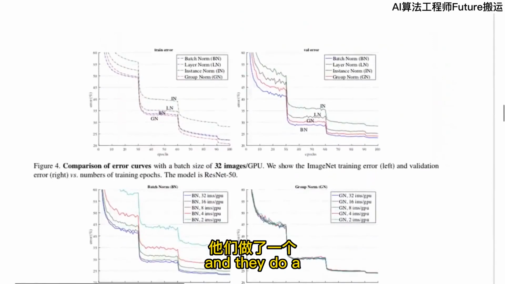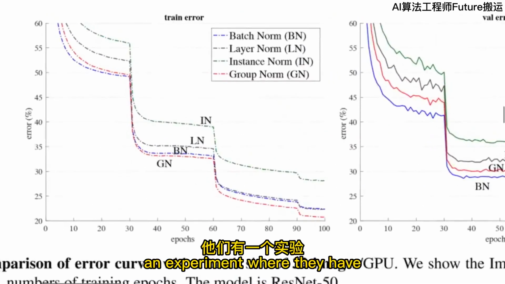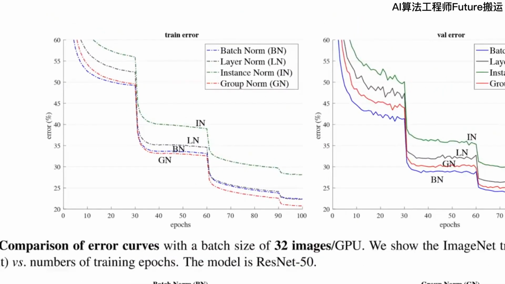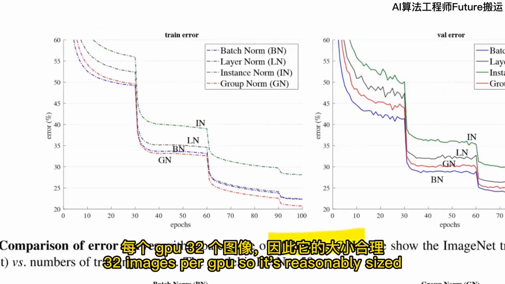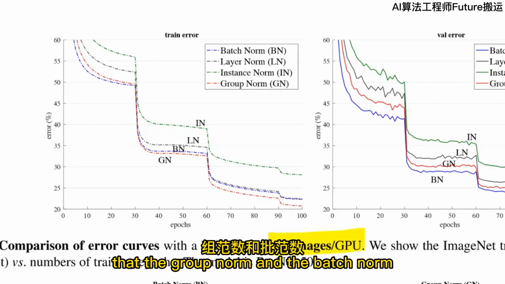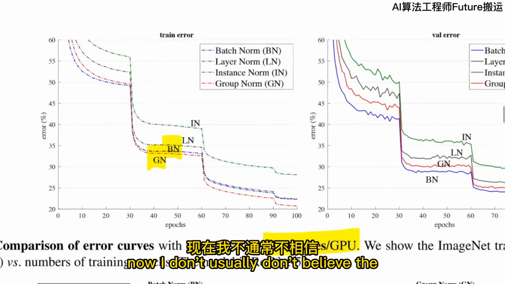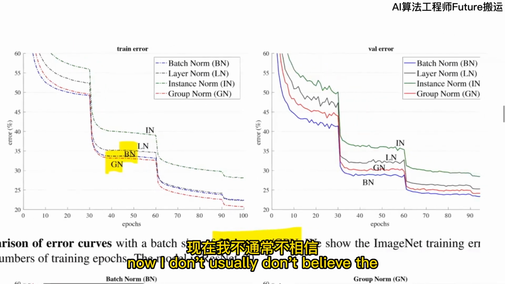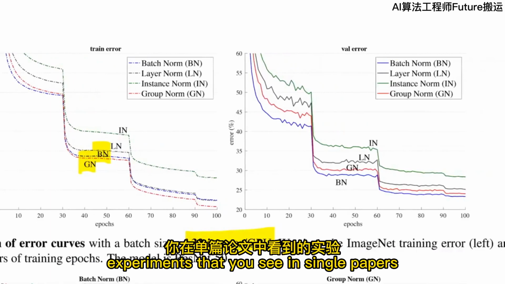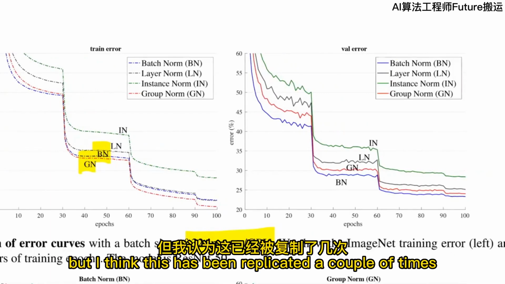And they do an experiment where they have 32 images per GPU, so it's reasonably sized, and they can basically show that the group norm and the batch norm compare in their performance. Now, I usually don't believe the experiments that you see in single papers, but I think this has been replicated a couple of times now.